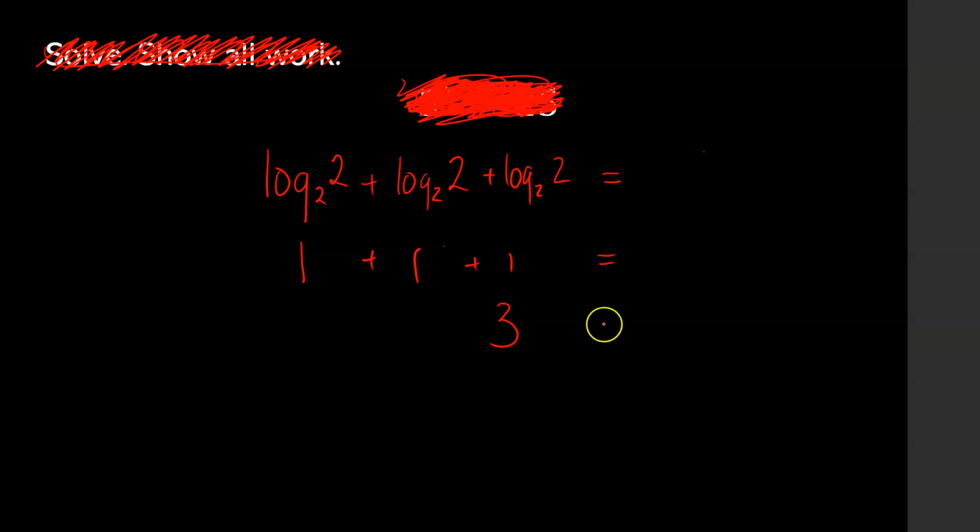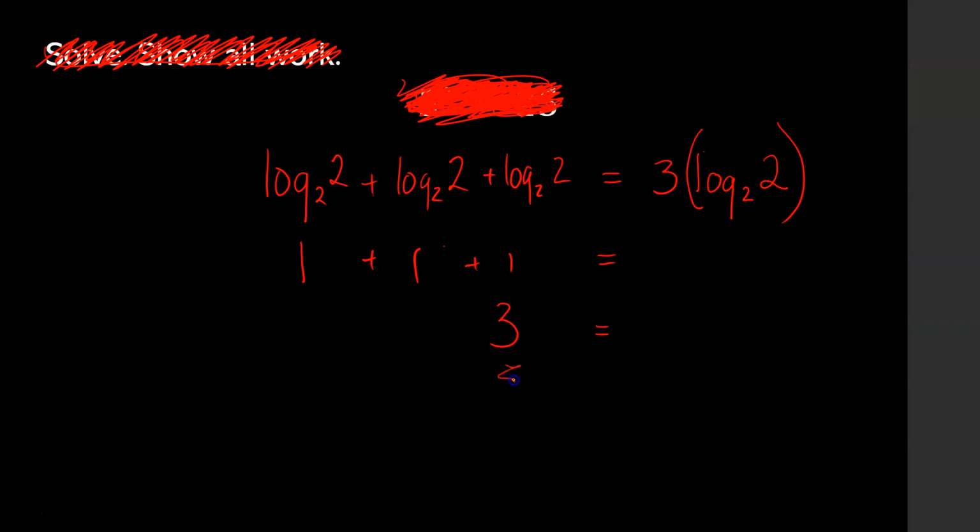Now, this might help you remember the properties of logarithms. If you have 3 of something added together, that's the same thing as 3 multiplied by that something. So 3 log base 2 of 2's added together is 3 times log base 2 of 2.